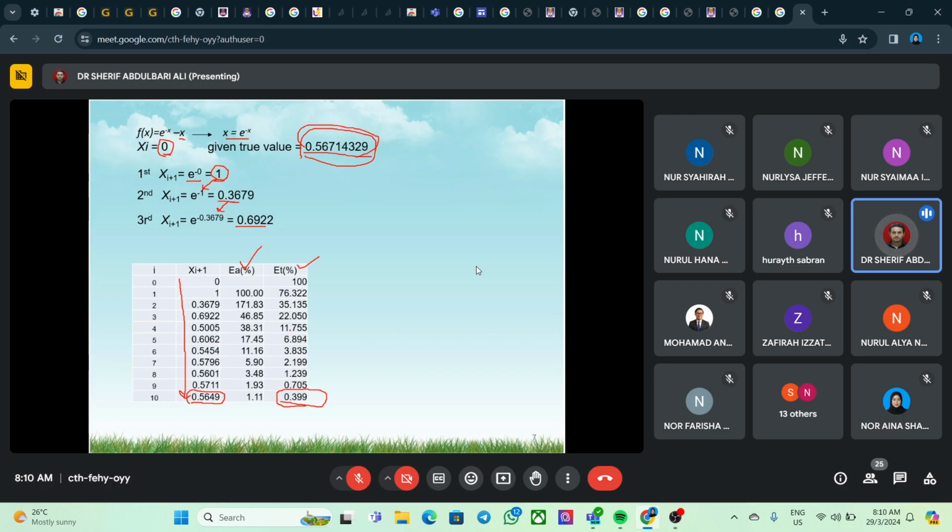Okay, I'll give you some time to try to find the fourth iteration. What is the answer going to be? You're supposed to get the answer of 0.5005. This is supposed to be your answer.